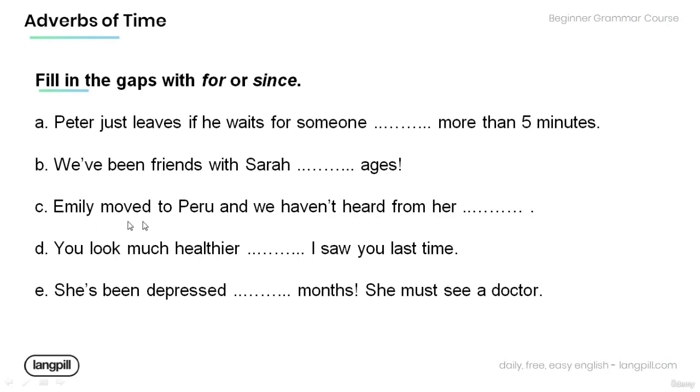C. Emily moved to Peru and we haven't heard from her. D. You look much healthier. I saw you last time. E. She's been depressed months. She must see a doctor.